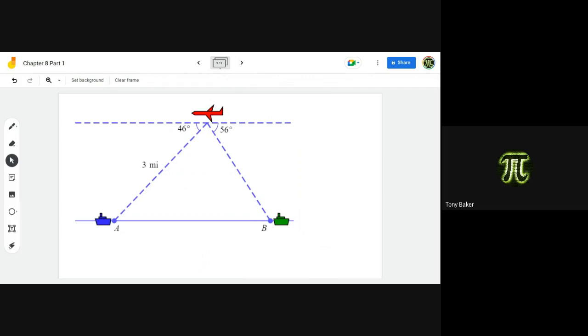I'll give you a hint. You have to assume the lines are parallel, the plane and the water. Oh, so that means. I tried it.